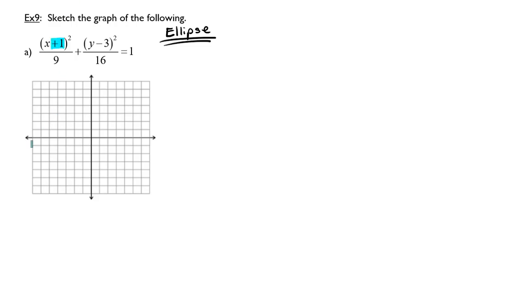Notice that we don't have an x squared anymore, we have an x plus 1 squared. And we don't have a y squared anymore, we have a y minus 3 squared. These are over 9 and 16 respectively, and so we can figure out what a and b will be. Since with an ellipse, a is always the larger denominator, we can say that a squared is equal to 16, which means a is equal to plus or minus 4. And that implies that b squared equals 9, so b is equal to plus or minus 3.